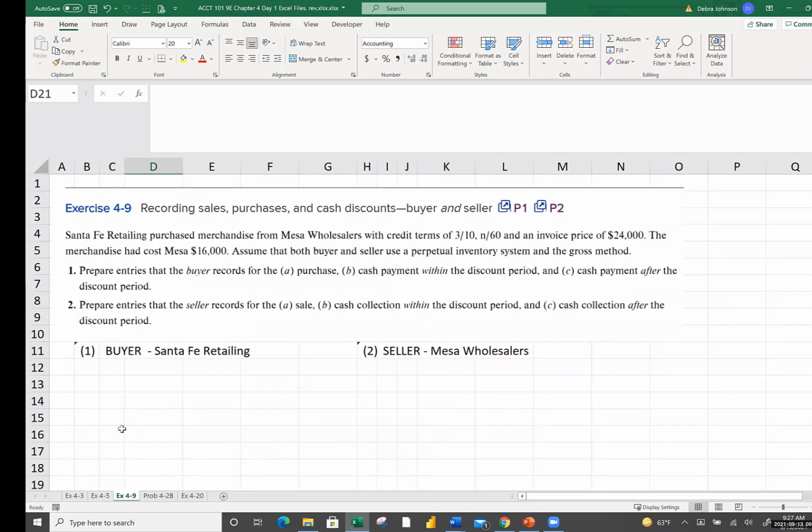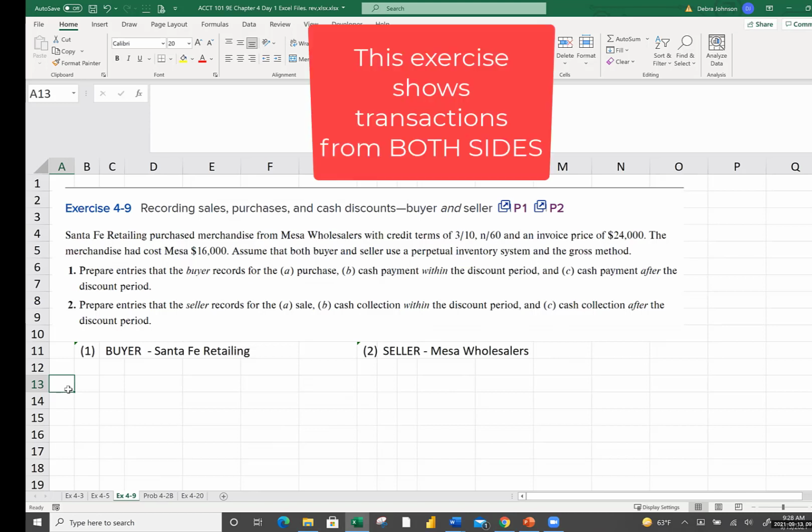Okay, 4-9, I like this one because we're going to look at transactions from both sides of the house. And if you had me for Accounting 100, you saw me describe this as the mirroring effect. In other words, if there's an accounts payable on the buyer's books, there has to be a related accounts receivable on the seller's books.